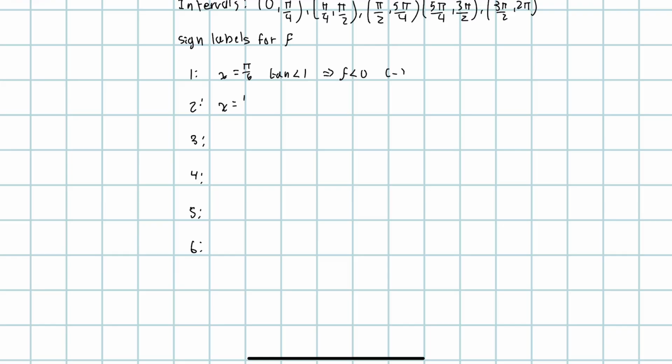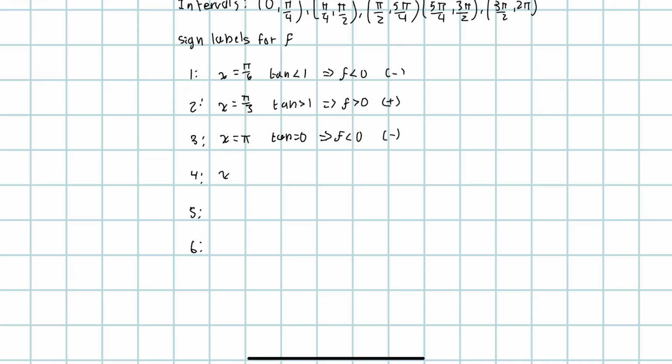And then x is equal to pi over 3. Tangent is gonna be positive, and f is gonna be greater than 0, so that means it's gonna be positive. If x is equal to pi, you're gonna have tangent equal to 0, and f is gonna be less than 0, so that means it's gonna be negative.